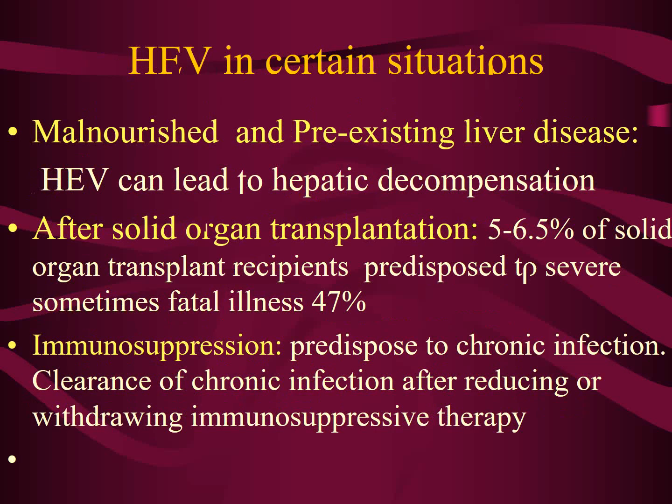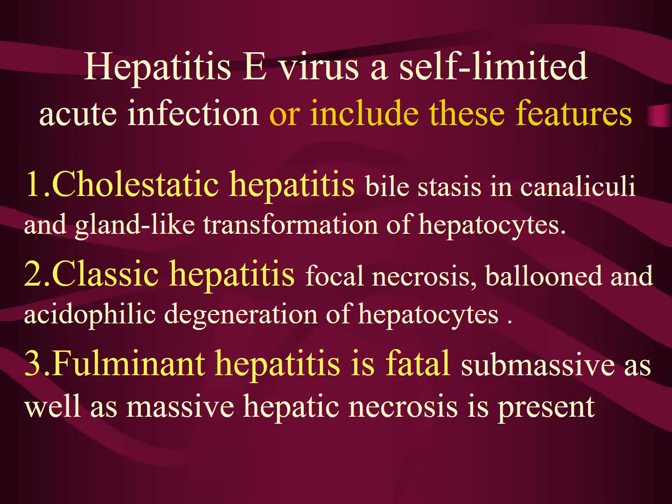Hepatitis E virus does not present in only one clinical manifestation. As we said before, it is a self-limiting acute infection and may be transient, and you may feel nothing.